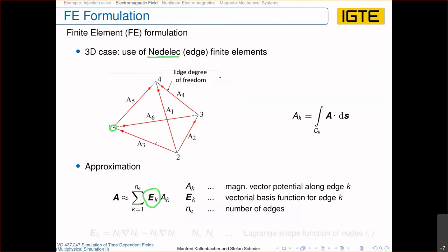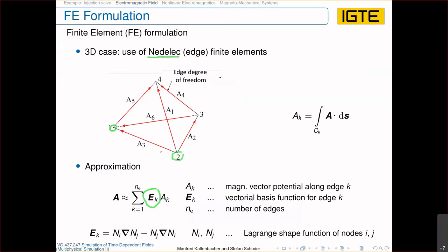However, you have a full machinery for how you compute such vector basis functions, and the nice thing is you can show that, for example, you can use the Lagrange nodal shape function or basis function in this sense that i and j are the two nodes. For example, as shown here, it could be node 1 and node 2.